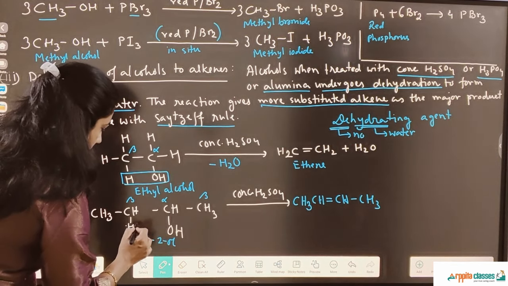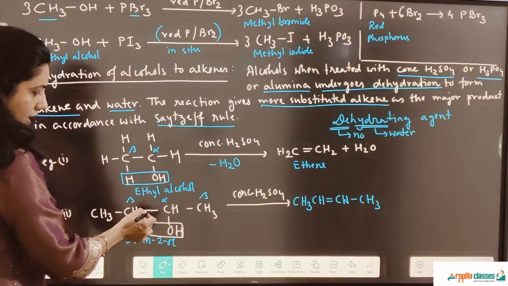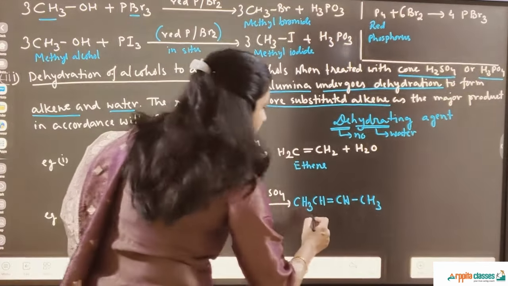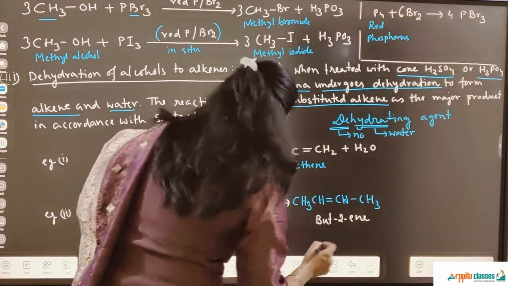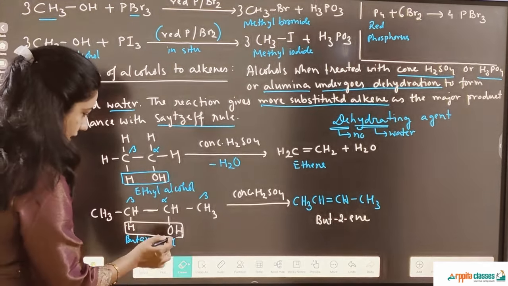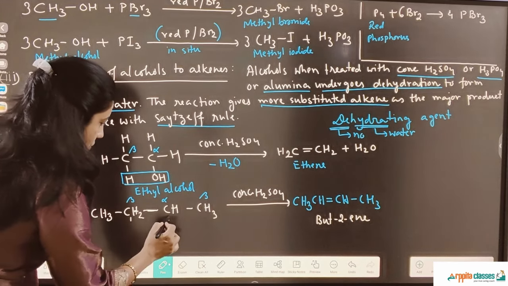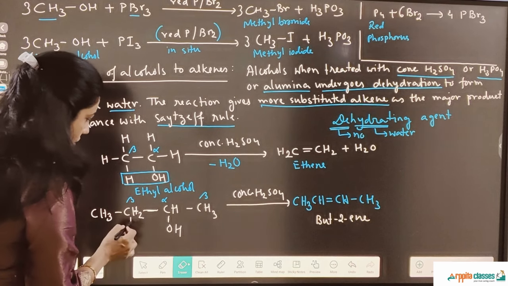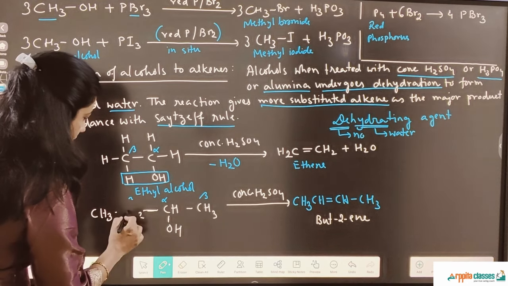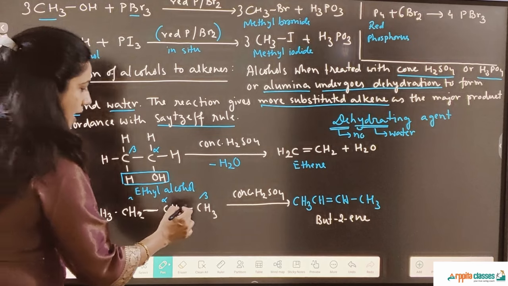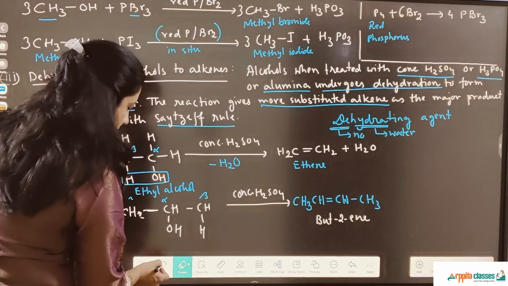Suppose this is H, this CH2 I wrote this way, and this H and OH are removed, so we get a double bond over here. This is your but-2-ene. Okay, and if it happens like this, CH2, this is OH, CH2, and now if this hydrogen is removed, I will write this as CH2.